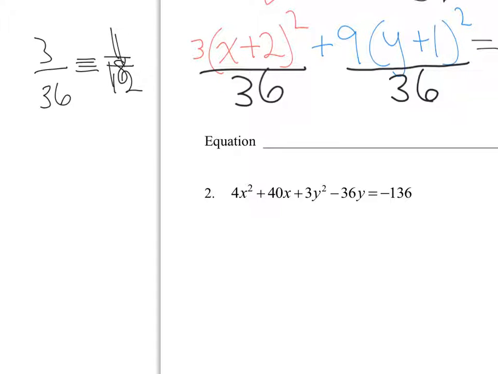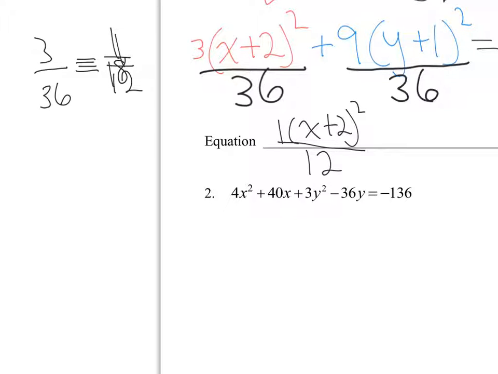So that means I can rewrite 3 over 36 as 1 over 12. So this is going to give us 1 times x plus 2 squared over 12, okay?